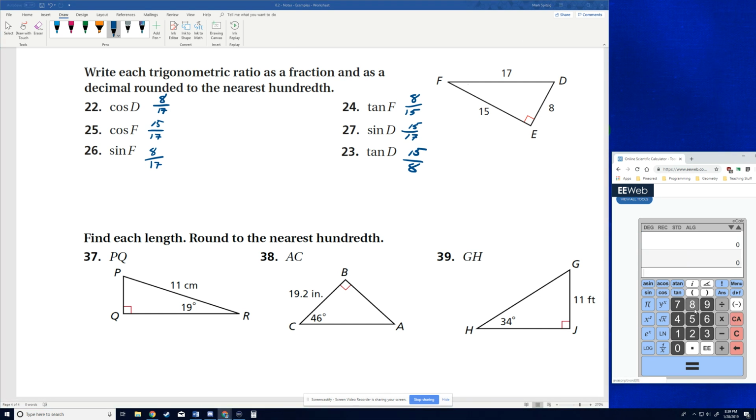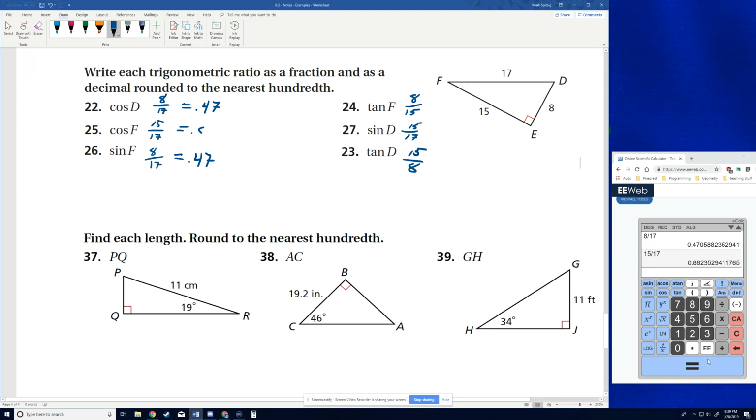So if we did 8 divided by 17, I guess we're rounding to the nearest hundredth as well. So 0.47, which again is 8 over 17. So it's going to be this one as well. If I did 15 over 17, we get 0.88.